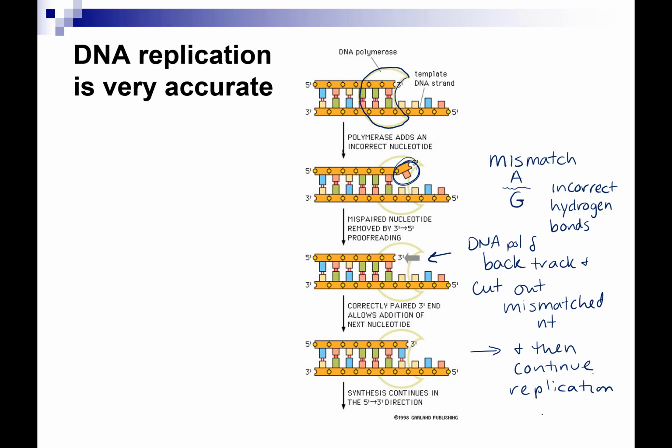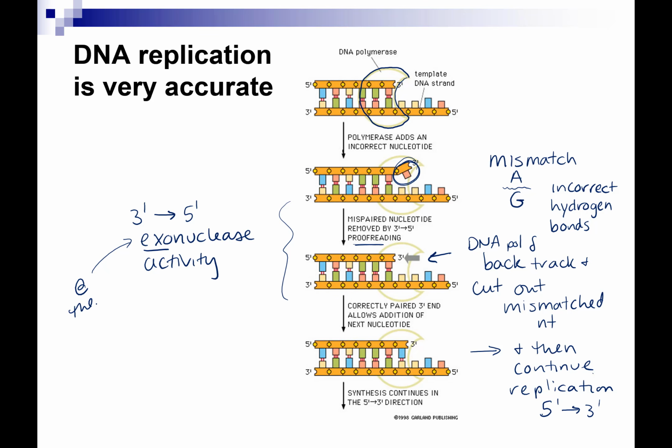So we know that replication goes 5' to 3'. So this backtracking, removed by proofreading, is something called a 3' to 5' exonuclease activity. Exo means at the end. There are enzymes that are called endonucleases, E-N-D-O. That means they cut inside.